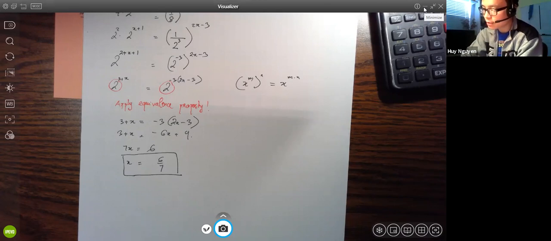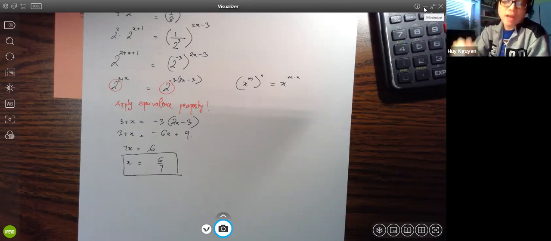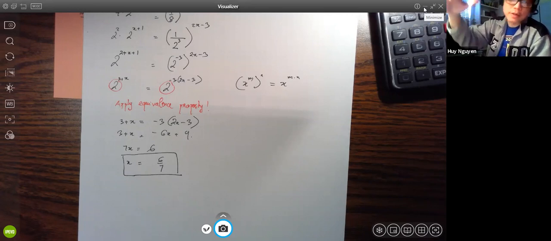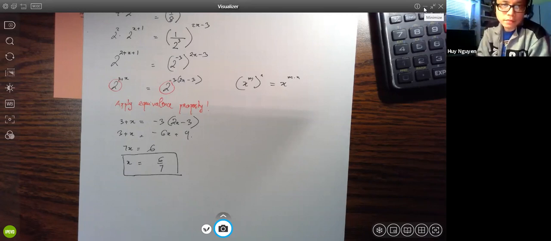Example number 5, okay? You see that I increased the level. It goes from the easiest, then a little bit harder and a little bit harder. And this one seems to look complicated, but it's not really that bad if you can see things.